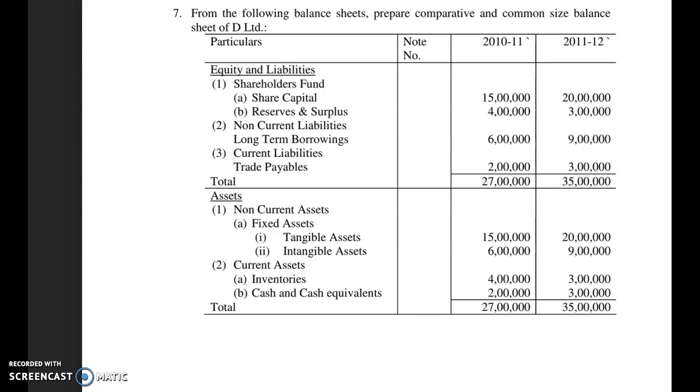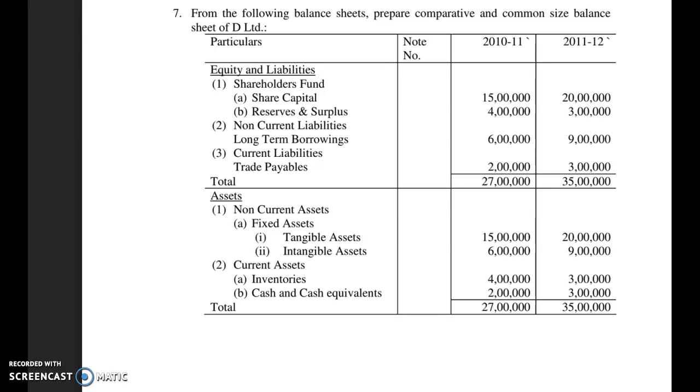It also highlights the weak and strong points of the organization. We can compare the firm's performance with the average performance of the industry. Firm is an individual unit, industry is a group of units. So we can compare the performance on that basis. It also helps us in forecasting, as I told you, that on the basis of comparative statements we can project and forecast about the future.